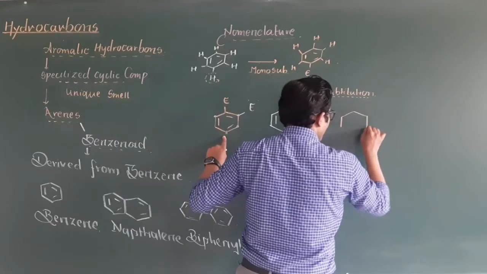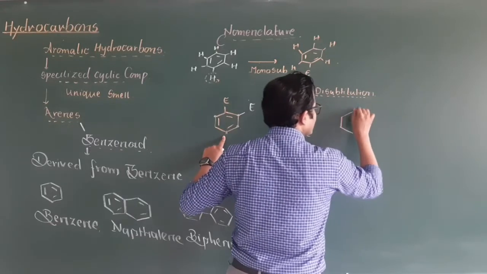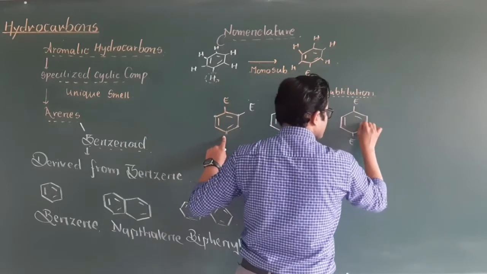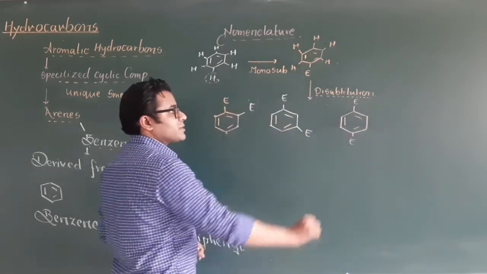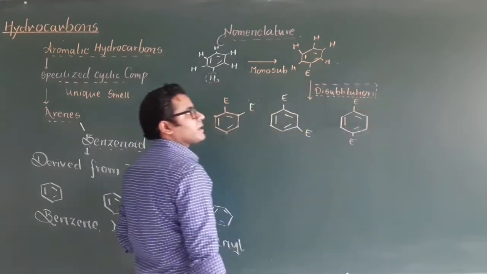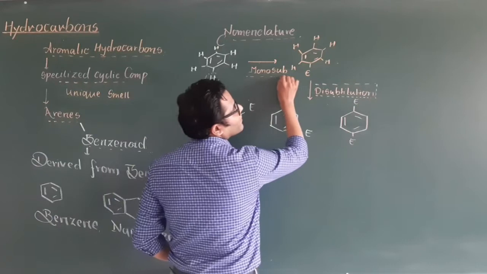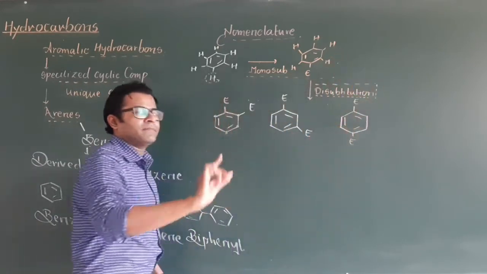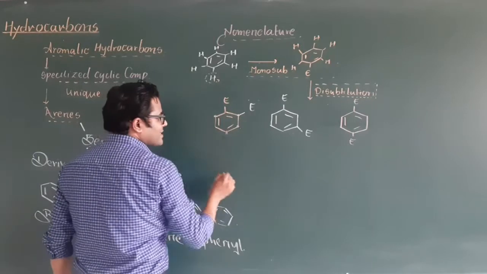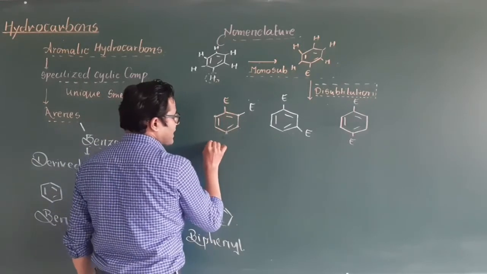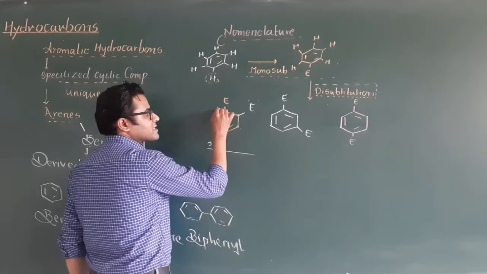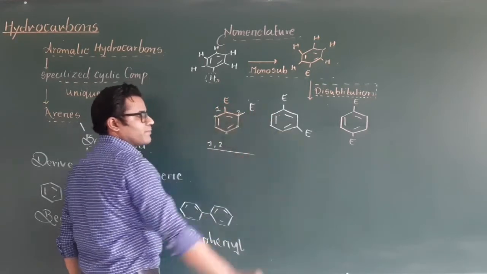So we are anyhow getting 3 different types of product here. So 3 different types of product are obtained upon disubstitution, while only one type of product is obtained upon monosubstitution, right? Now the first case is going to be the 1,2 disubstituted product, because this is position 1, this is position 2.